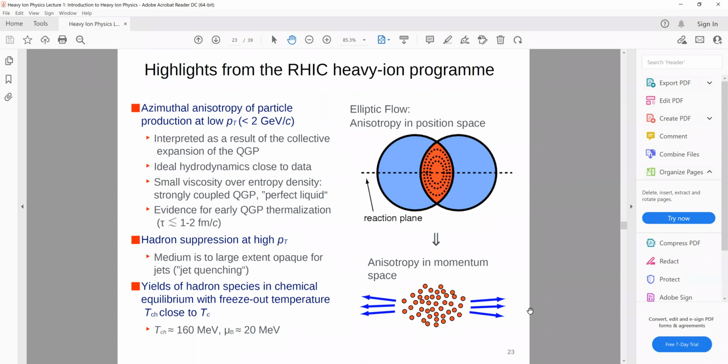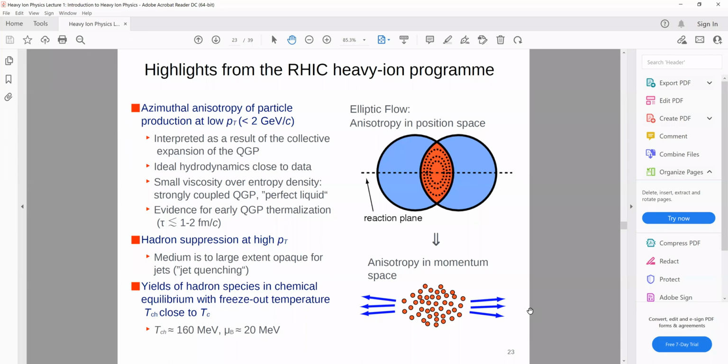There is also evidence of early thermalization: the QGP formation time is of the order of 1 to 2 fm/c. All these findings tell you the produced medium shows collectivity.